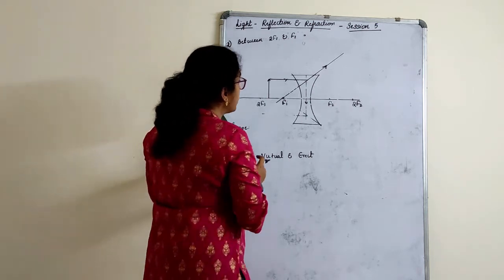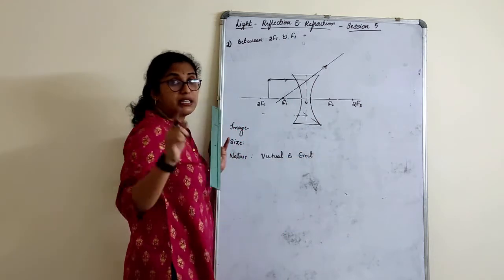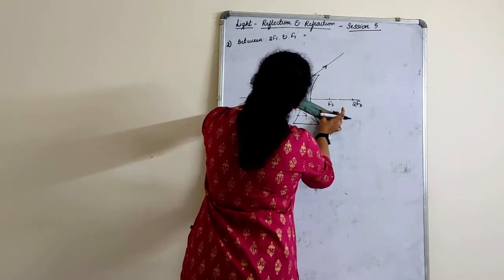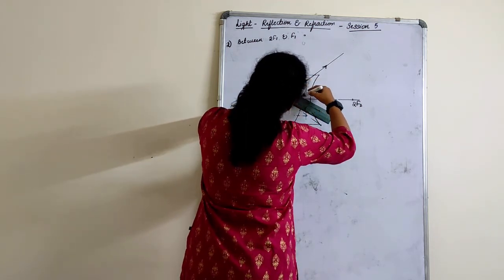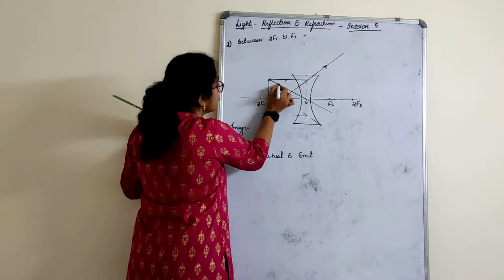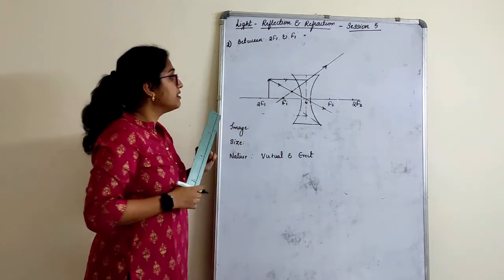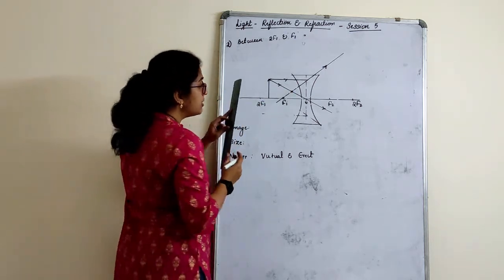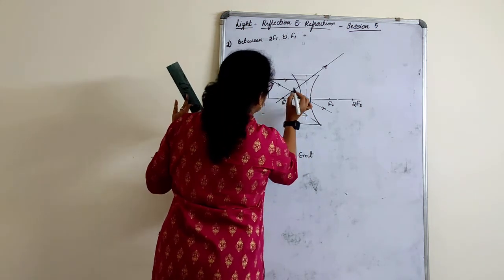Now, how will the second ray travel? Second ray will travel directly to the optic center without any deviation. So, draw it without any deviation. This is the point where the produced ray and the actual ray have met. That is the point where the image is formed.